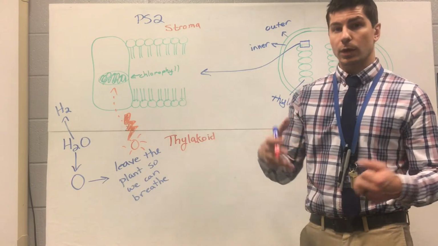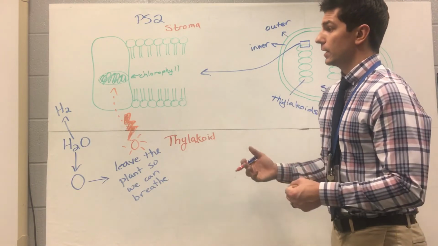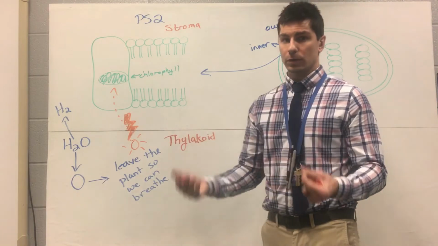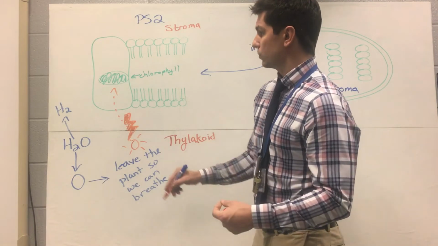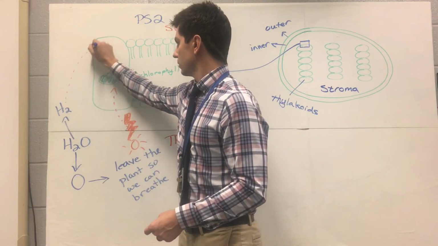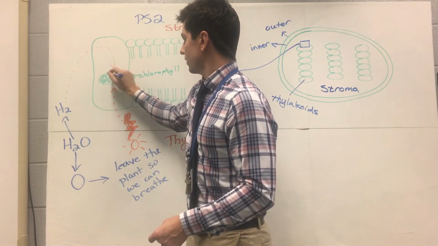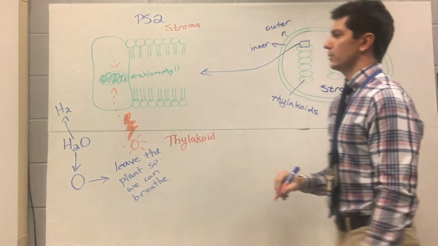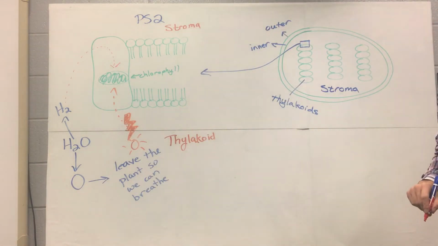Right now, after water is split, we have these electrons. These hydrogens don't have a whole lot of energy. So what they're going to do is go into our thylakoid membrane, and they are going to hit our chlorophyll there.